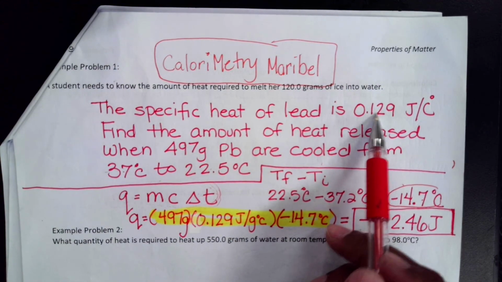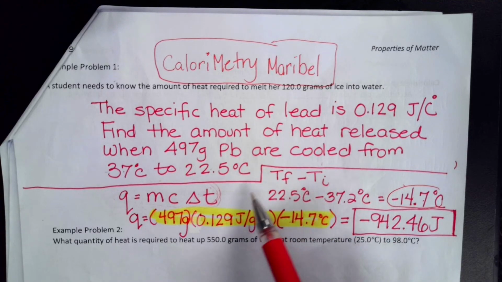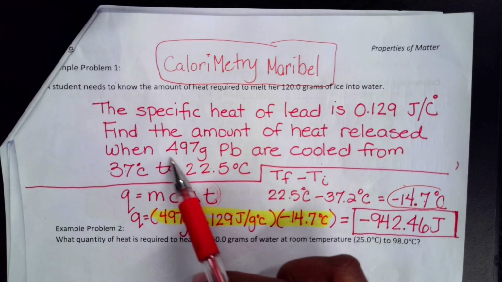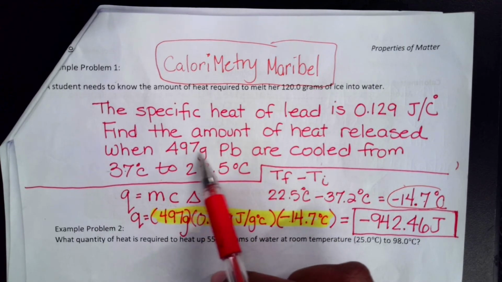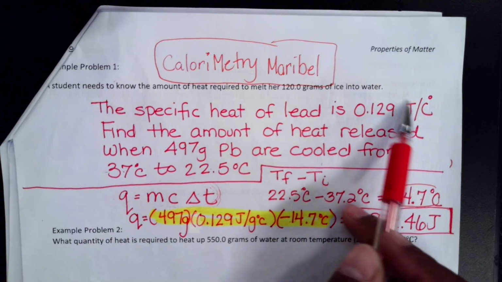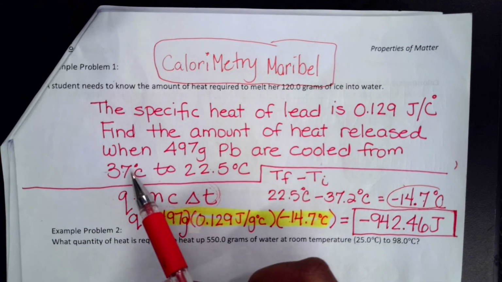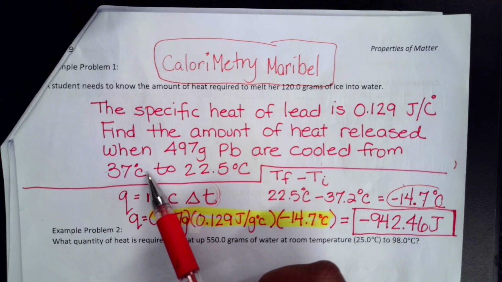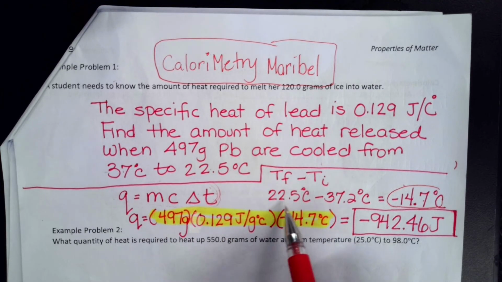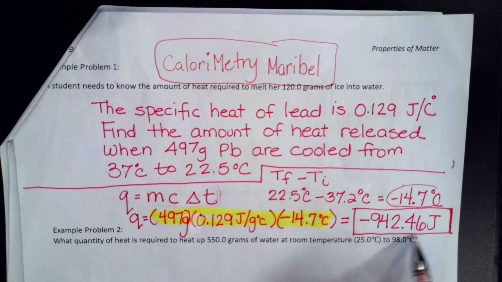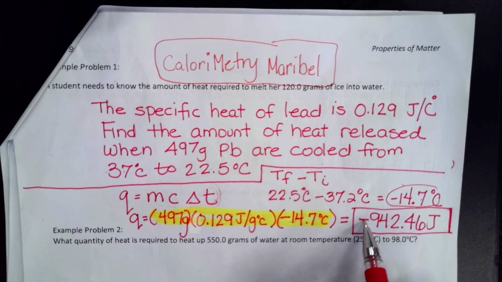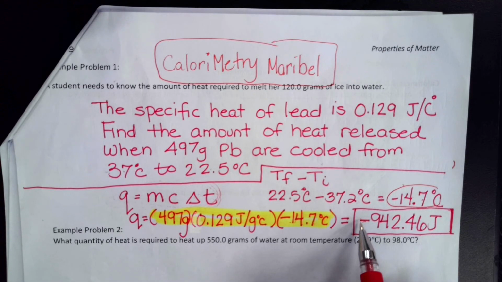This is the specific heat for C. And then the mass is in grams, so here goes our grams, our M. Here goes our C. And here goes, if we subtract these two numbers, our change in temperature that we calculated here. If you solve, this is the answer you get for heat in joules. And it's negative because heat is being released. So that's what we did today. And that's it. Bye.